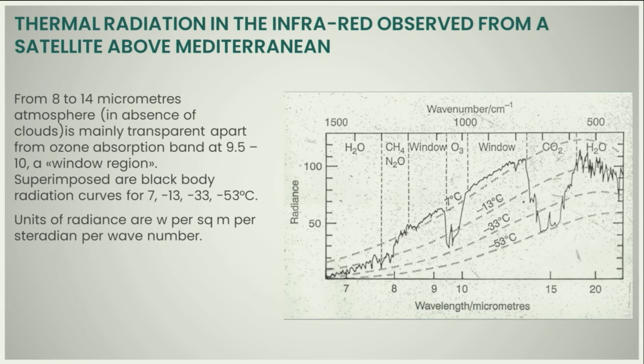And why does this happen? Well, this is a very brief explanation of why the greenhouse effect happens. The right-hand curve here shows the amount of energy being radiated back from the Earth back to the Sun.